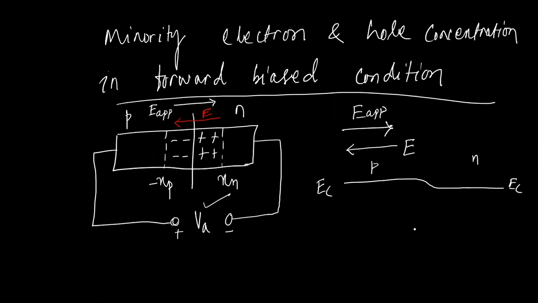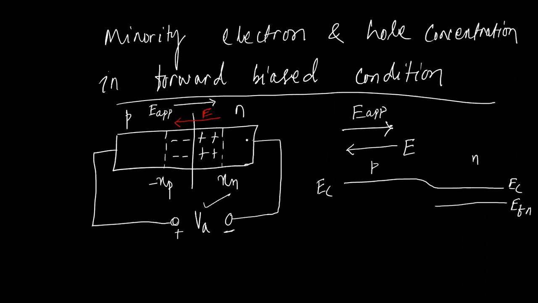It won't be constant throughout the entire system. The Fermi energy level will move closer to the conduction band here, because you connected this N type material to the negative side.